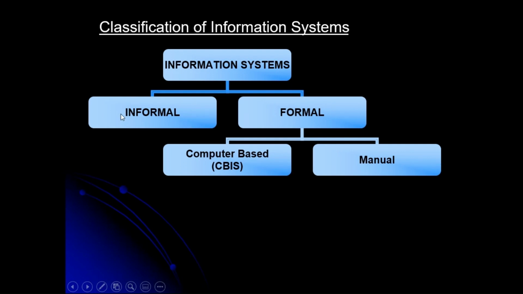What is an informal information system? I'll describe this with an example. If you consider an organization, organizational gossip is a good example of an informal information system. Somebody says something about someone, to you or somebody else.